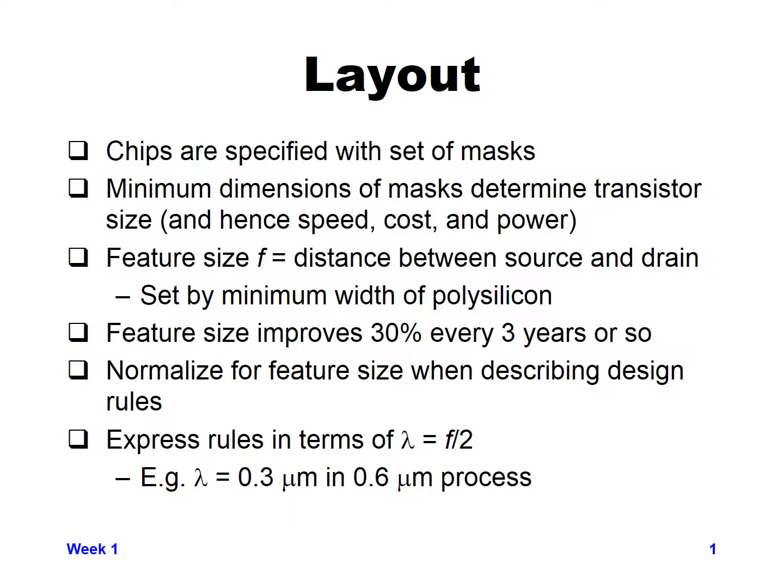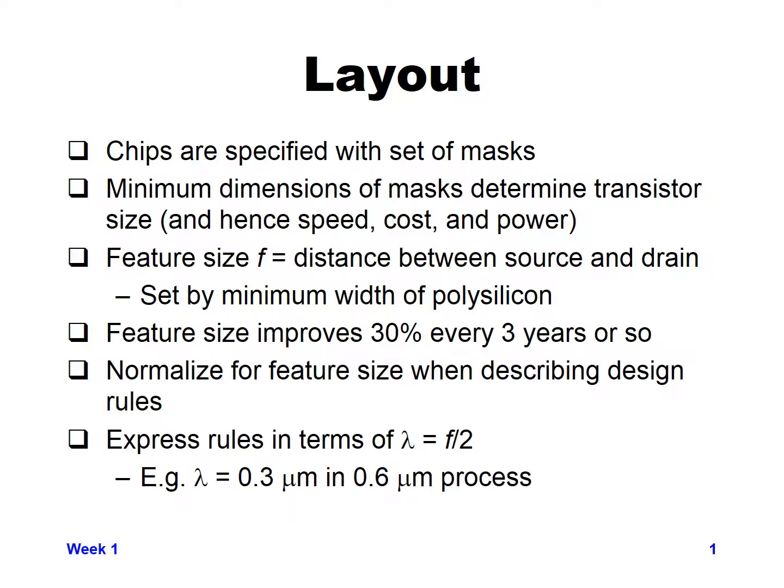It might be slightly larger. Generally it will never be smaller than the minimum size of the gate. But generally for a given process technology, the minimum gate size kind of describes the process technology minimum rule, which is that feature size F.